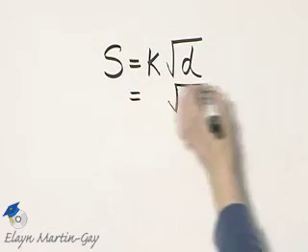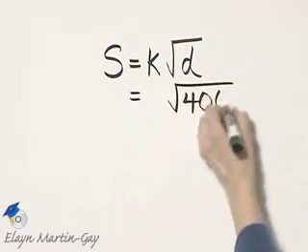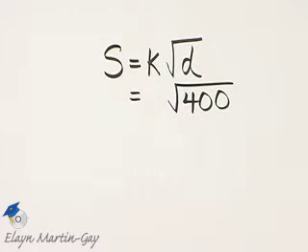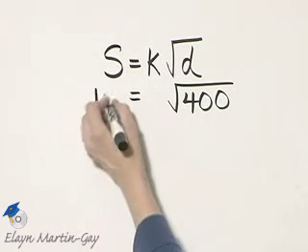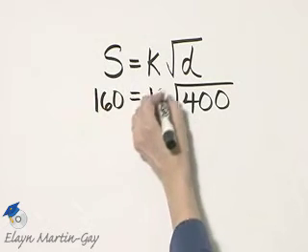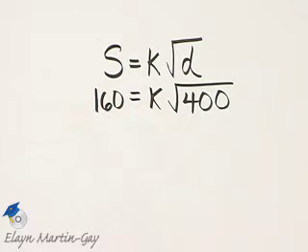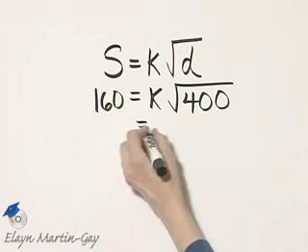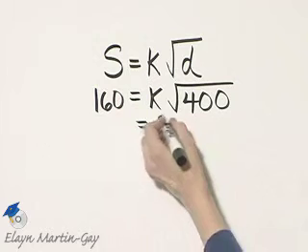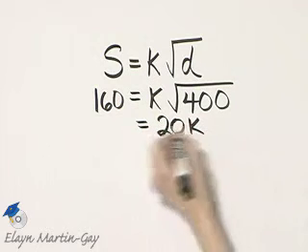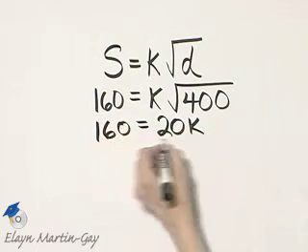So for D, I'll replace it with 400, hits the ground at a speed of 160 feet per second. So that's S, 160. And we can use that information to find K now. The square root of 400 is 20, so I know 20K is 160.